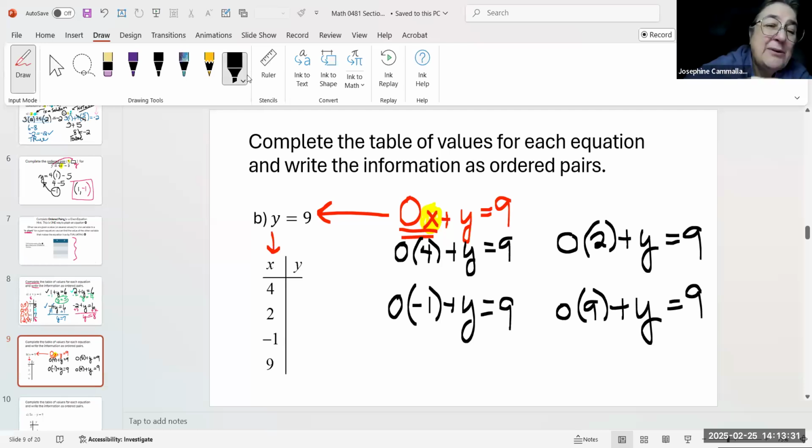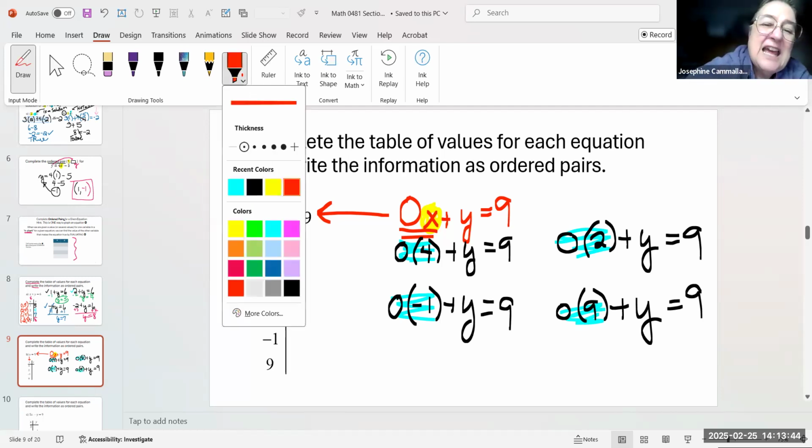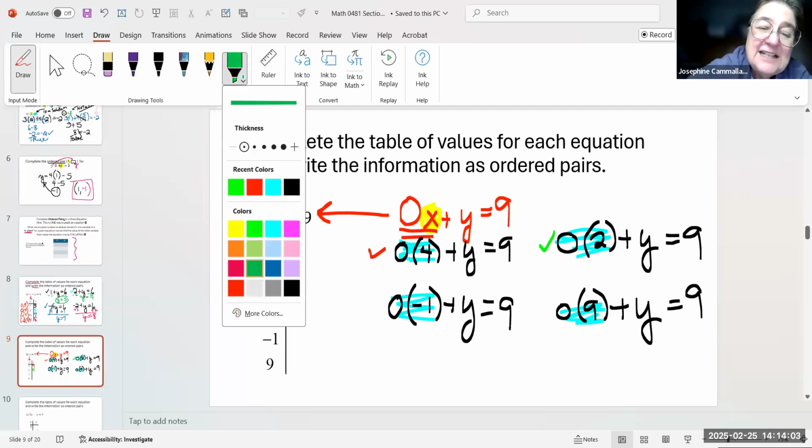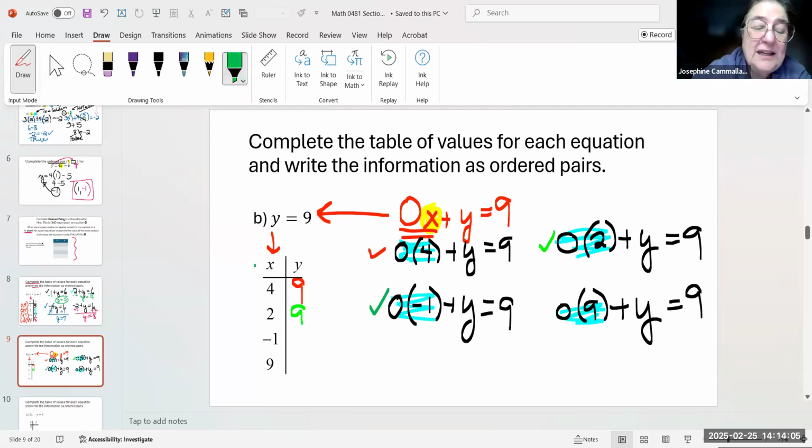But the beautiful part about it is 0 times anything is 0, which means that 0 times 4 plus y is going to give me 9. 0 times 2 plus y is going to give me 9. 0 times negative 1 plus y is going to give me 9.